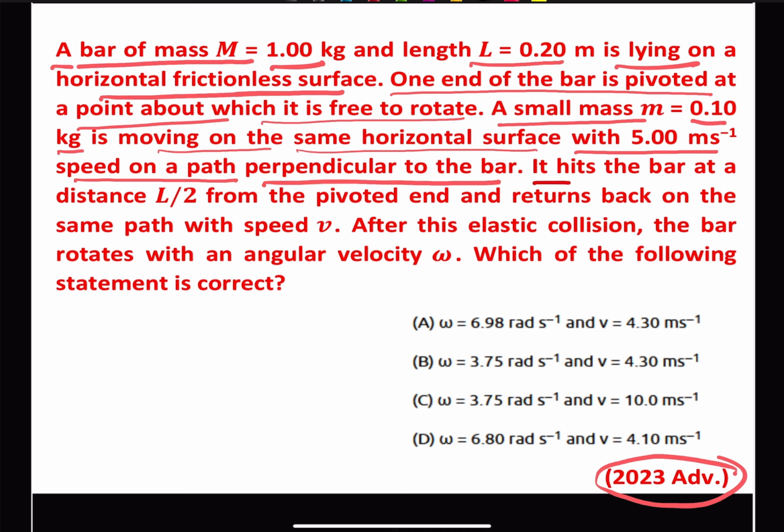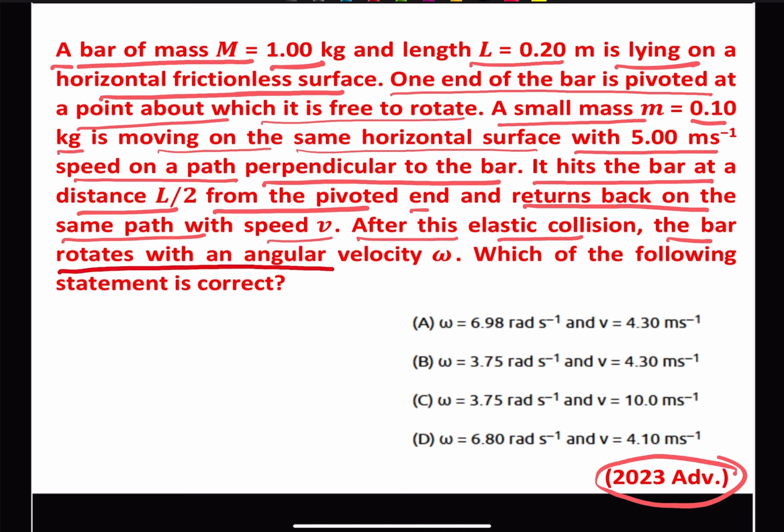It hits the bar at a distance L by 2 from the pivoted end and returns back on the same path with velocity v. After this elastic collision, the bar rotates with angular velocity omega. Which of the following statements is correct?